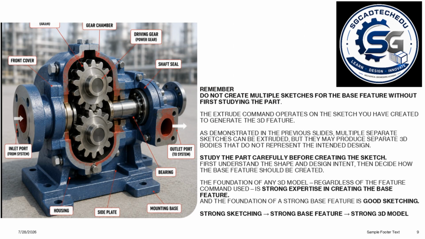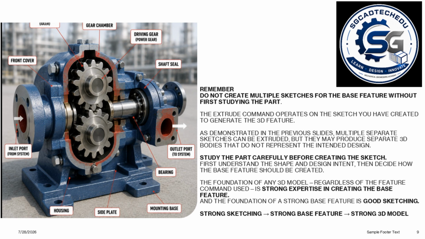Before we move ahead with the Boss-Extrude command, I want to emphasize one very important principle of mechanical design. Study the part before creating the sketch. The Extrude command works on the sketch we create and uses that sketch to generate the 3D feature. Therefore, the quality of our final model depends greatly on how well we understand and plan the base sketch.